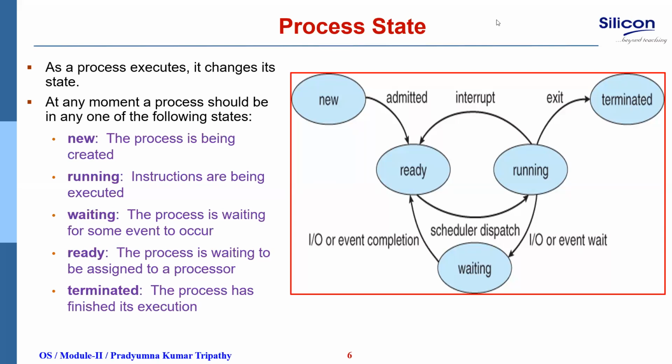What you can do here is, suppose you have a queue kind of thing implemented, and you will have a number of processes over here. Suppose P1, P2, P3, P4, P5, like that.